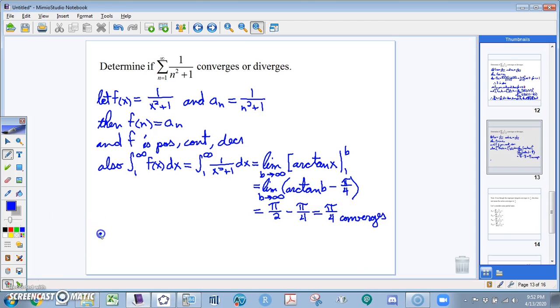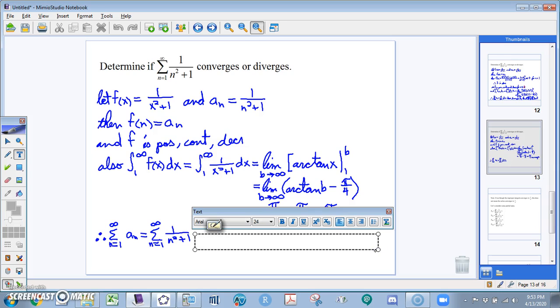And therefore, the series, the sum of a sub n, 1 divided by n squared plus 1, also converges by the integral test.